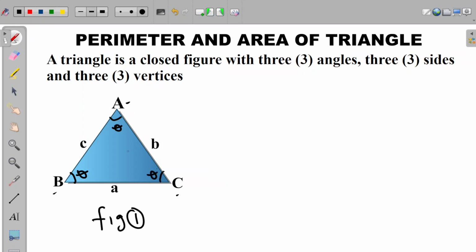So we are saying that a triangle has three angles, three sides, and also three vertices.